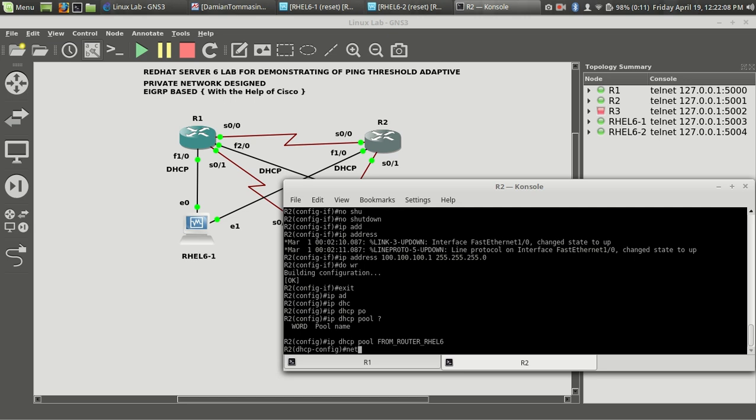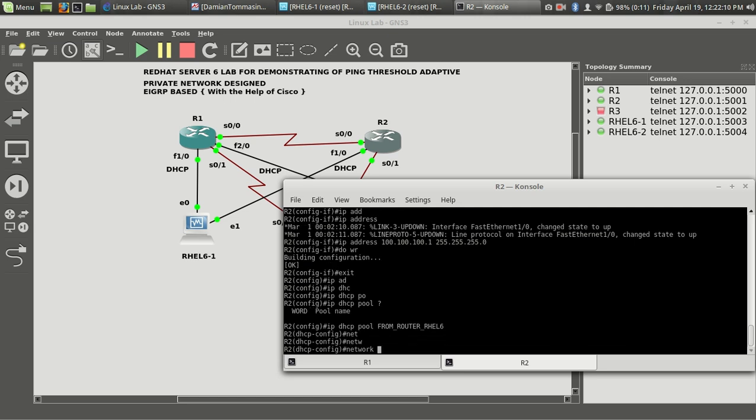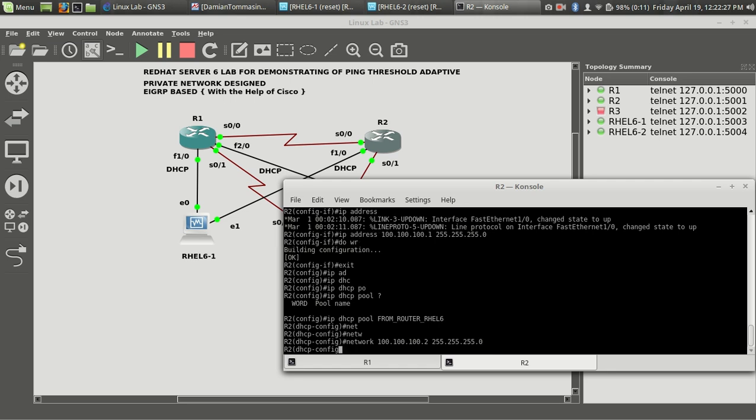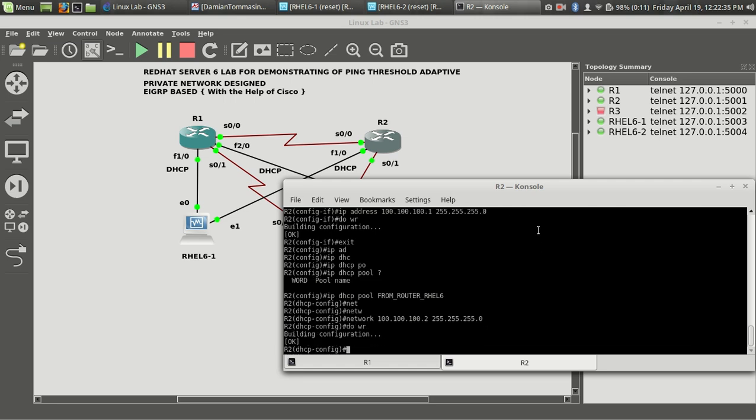Then I advertise my network. What is my network? My network is a class A network that has been subnetted to 24-bit. Why am I using 24-bit? Because I'm going to show the speed difference of a 24-bit, right? That is why.